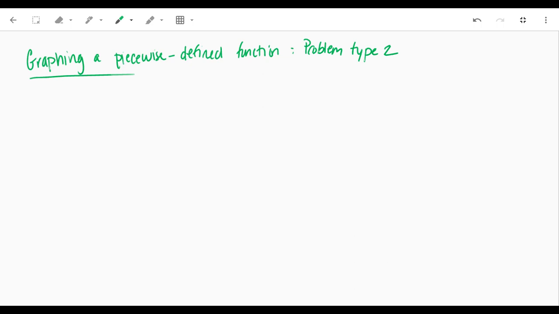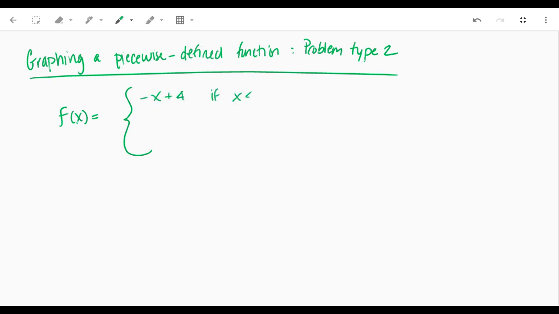So we have the function here, f of x is, and it's got 2 pieces to it. It's -x plus 4 if x is less than 1, and it's 2x plus 1 if x is greater than or equal to 1.